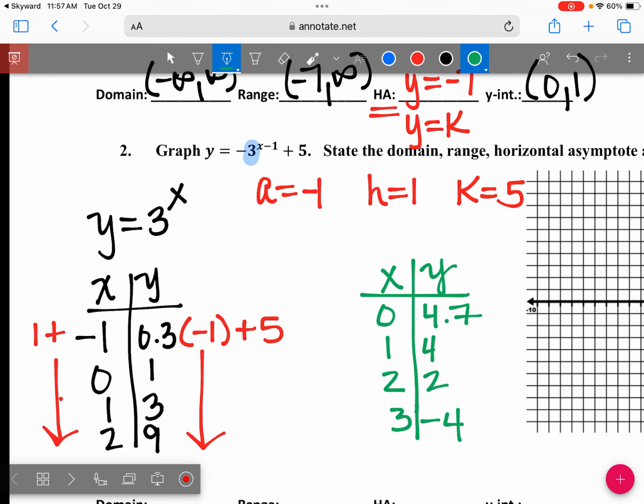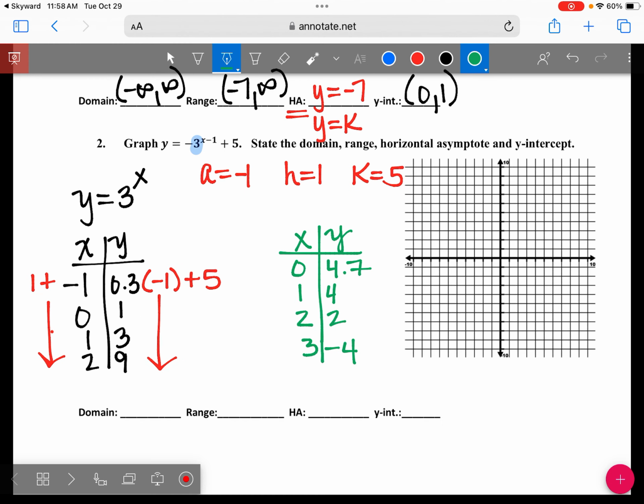All right, so again, I recommend we start by graphing our horizontal asymptote, which would be what? Y. Horizontal always starts with y equals, because that's how you write a horizontal line. So what would our horizontal asymptote be? Y equals what? 5. So I'm going to draw that.